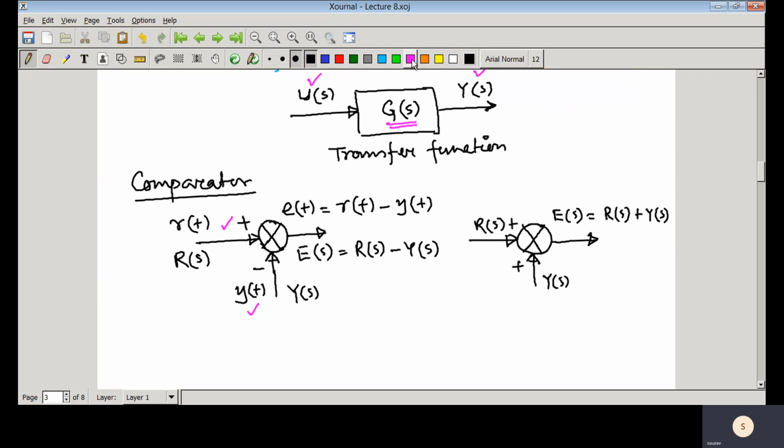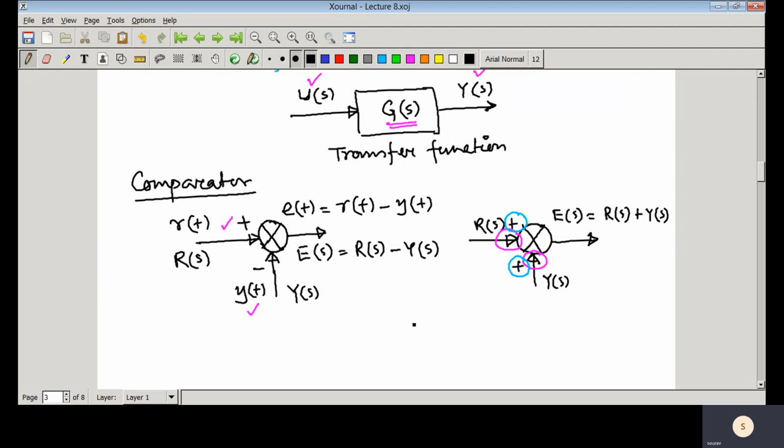So that means whenever you will be representing that comparator, the important things are, first, you need to put that arrow, and another thing is you need to show whether it is plus or minus. So these two things are important, and also you can take more than one or two signals.